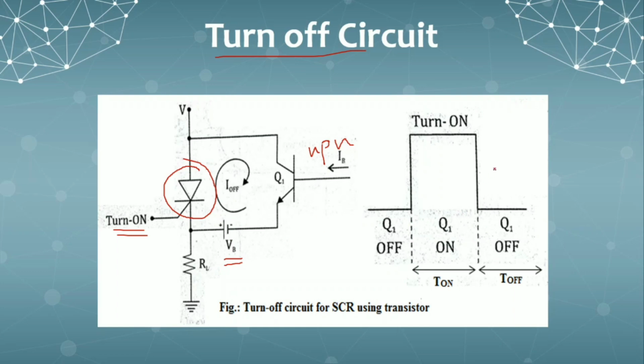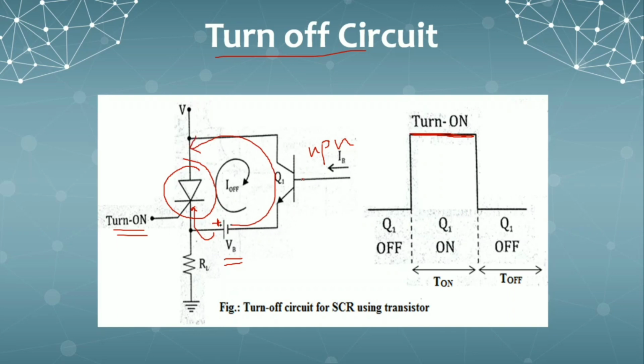So, when you turn on the SCR, it will start conducting. This is the point where you can see there is conduction. Now I give the power supply VB and start increasing it. Look at this, the positive terminal is given to the cathode and the negative is connected to the anode.